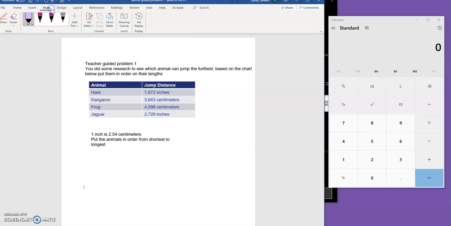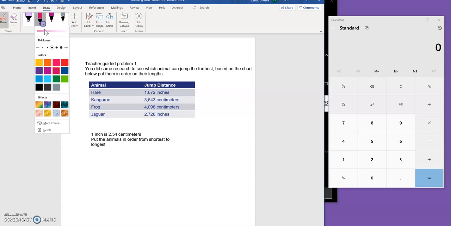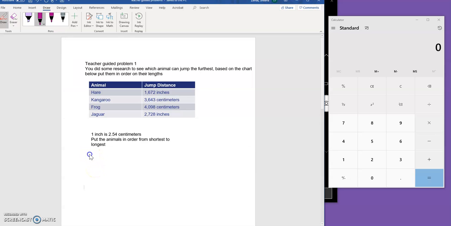Converting units means I am going to go from one measurement to another. So I'm going to set this up as a proportion, which is 2 equivalent fractions, starting with the unit rate. The unit rate in here is 1 inch, so I'm going to put that over 2.54 centimeters.